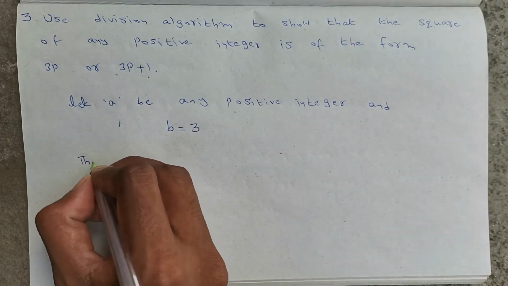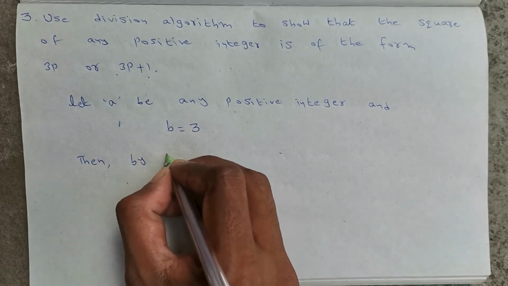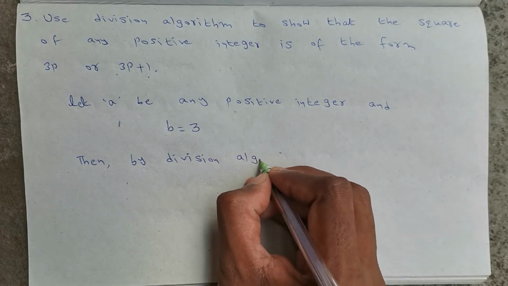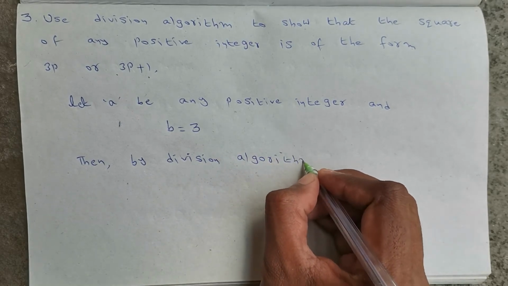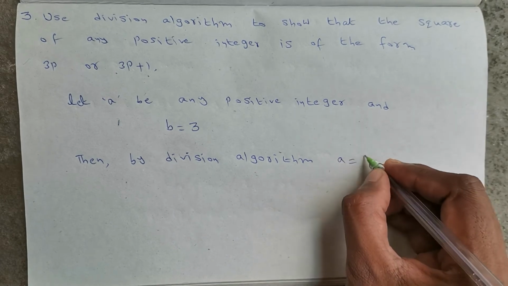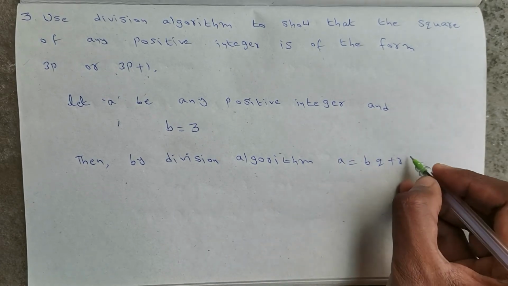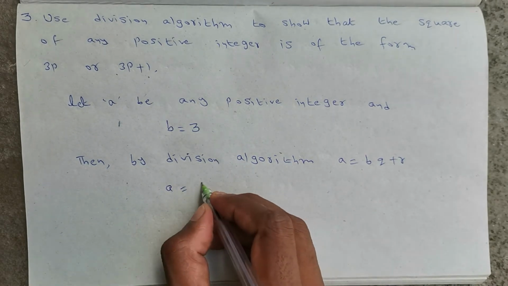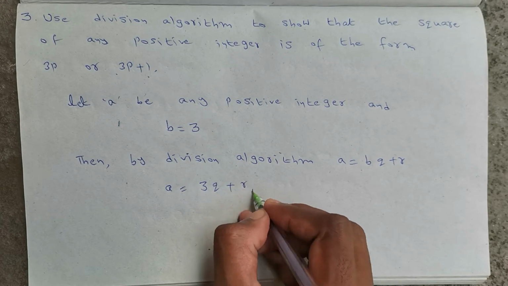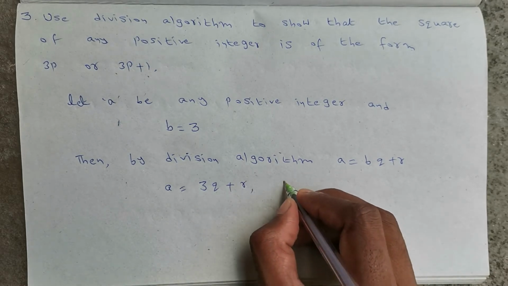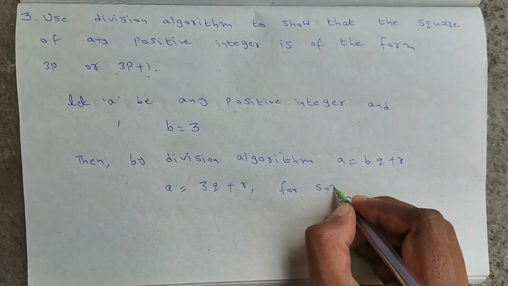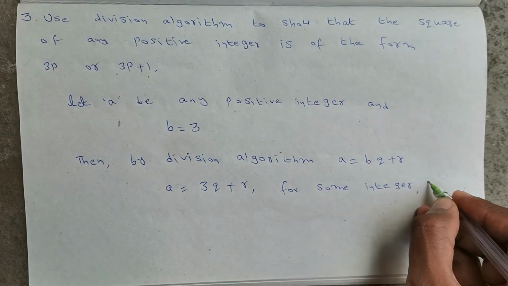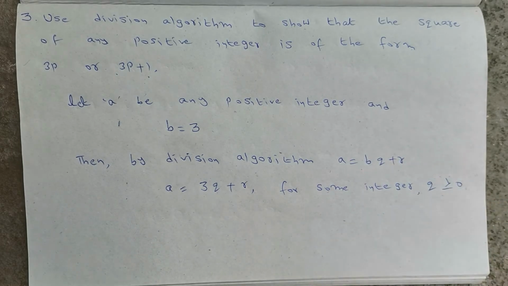Then by division algorithm, A is equal to BQ plus R. So A, as usual, is equal to, the B value we know, 3Q plus R, for some integer Q greater than or equal to 0.